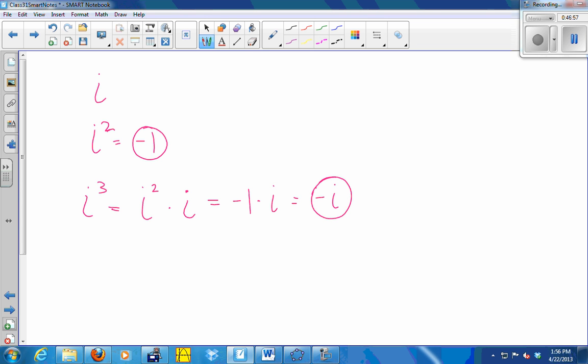So i cubed is negative i. Let's see, what's i to the 4th? 1, because you could think of i to the 4th as i squared times i squared. There are other ways to think about this also. So this is negative 1 times negative 1, which is 1.